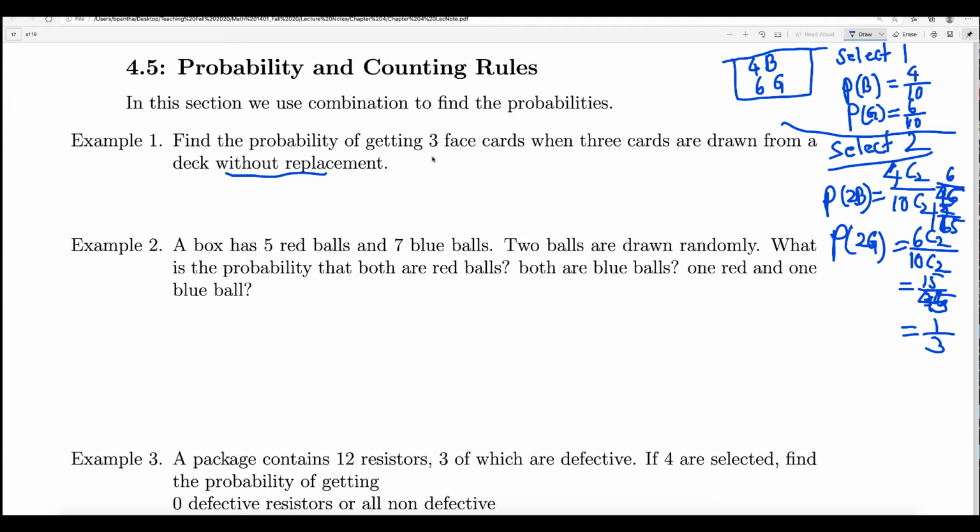So how many face cards are there in total in a pack of 52 cards? Jack, Queen and King are called the face cards, because they have a picture on them. So there will be 4 times 3, not 4 times 4.